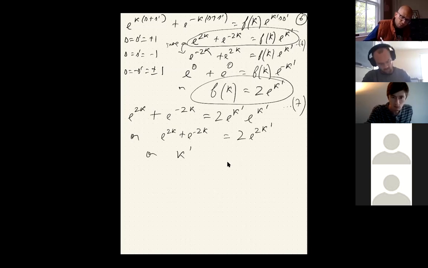So we can say e to the power 2k prime is equal to this thing divided by 2. And this is called half ln of hyperbolic cos of 2k.